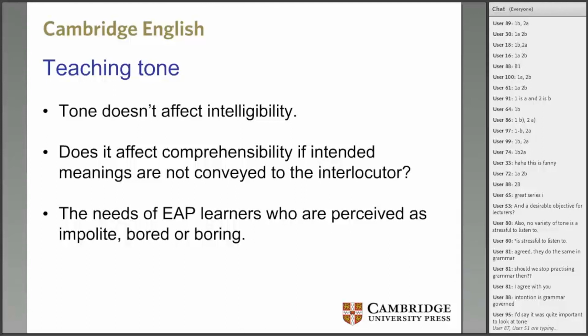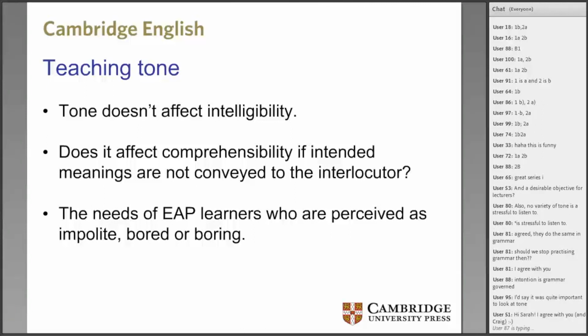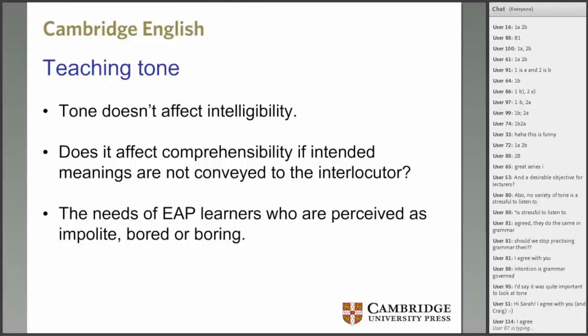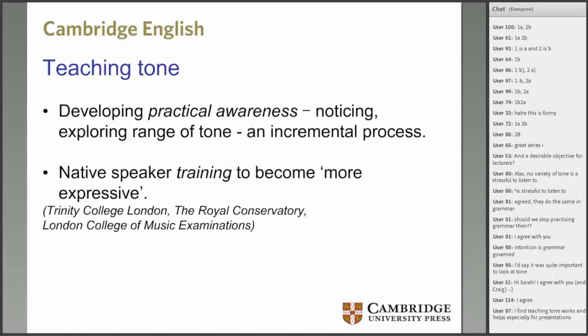So I think that when we're teaching EAP learners and focusing on pronunciation, we do need to take into consideration the fact that they might be perceived as being impolite when they're making a request to a librarian, or they might sound bored in a seminar discussion, or they might sound boring when they're giving an oral presentation. So I think that tone actually does have a role to play there.